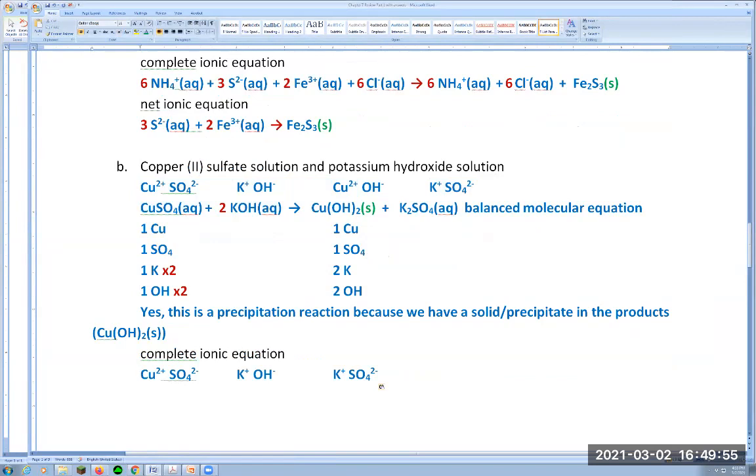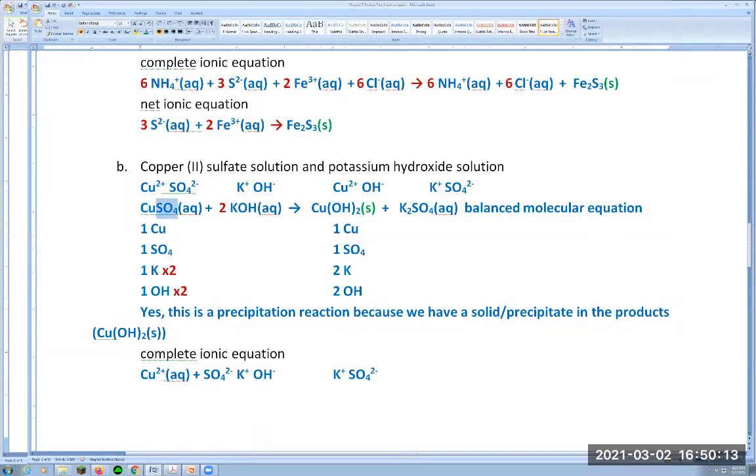So we have how many copper? 1. So again, we need to say that it's aqueous. So 1 copper, 1 sulfate.